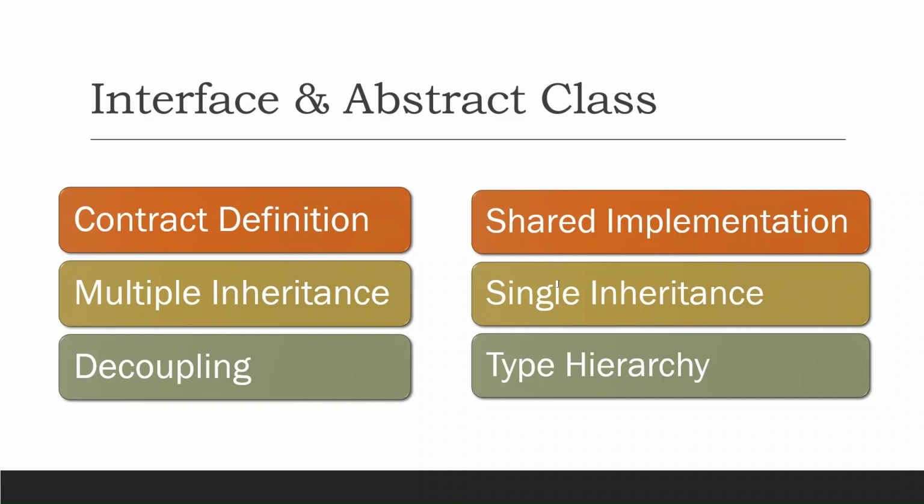A class can be derived only from one base class. It has a type hierarchy. Abstract classes are useful to create a base class that other classes can inherit from, establishing a clear type hierarchy. So this is how we know how that hierarchy goes from one class to another.